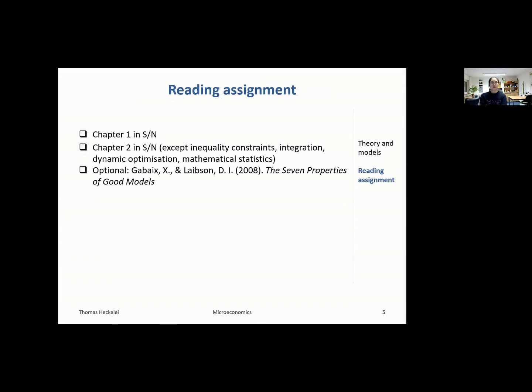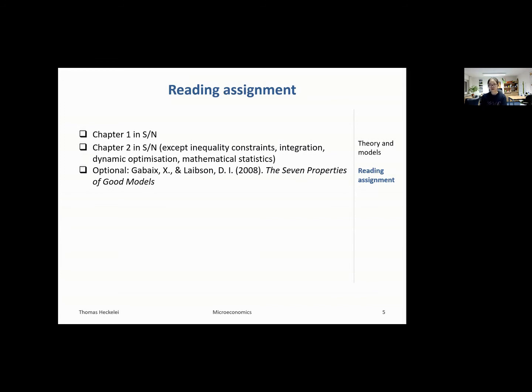Now you already get your first reading assignment, because that is it for the conceptual part, and in the next lecture we will go into mathematical tools for economics, like I said earlier. So please read chapter 1 and chapter 2 of Snyder-Nicholson, except some parts like inequality constraints, integrals, dynamic optimization, and statistics that we don't need yet.